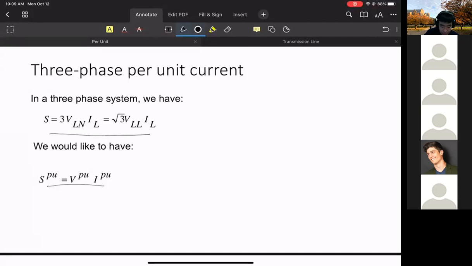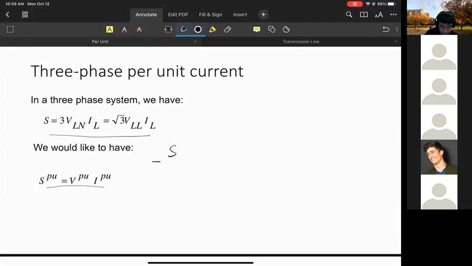So this implies that the power divided by the base unit for three-phase power. What does this equal? Well, this is line to line voltage times current. And we want this to be the voltage base times the current base.